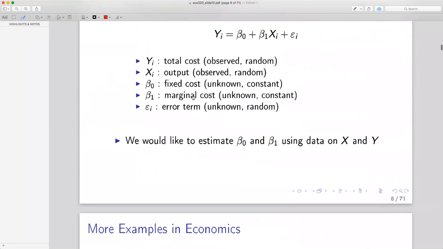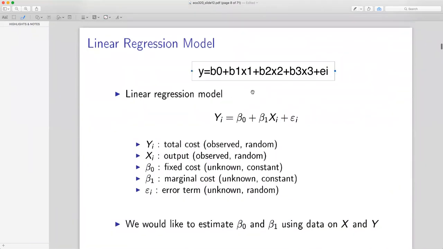Another example. Previously, this was a multiple regression model, and I'm going to explain its interpretation in detail. But for your information, the interpretation of simple regression is: when x increases by 1 unit, how much does y change? For example, if this beta was 2, it depends on your context.